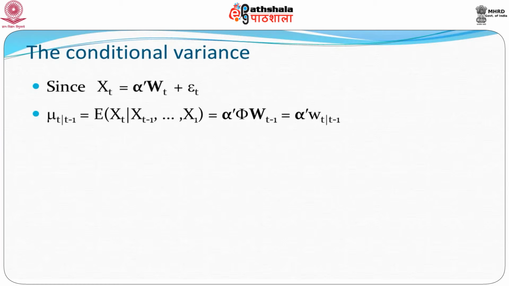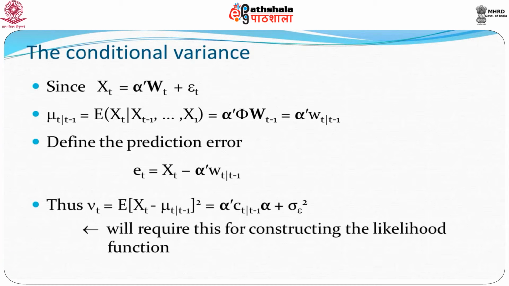Now, let us look at x t is equal to alpha prime W t plus epsilon t. If we look at the conditional expectation of x t, we have seen that this is mu t given t minus 1. This would be given by alpha prime phi W t minus 1, because the epsilon term has 0 mean, so that does not count, and the expectation of W t we have seen is phi W t minus 1 given the past, and therefore, we can write this as alpha prime W t given t minus 1.